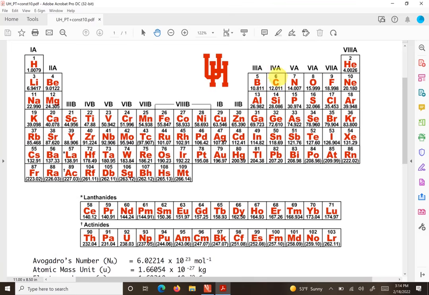But comparing carbon and silicon, which one is more electronegative? Carbon. Electronegativity increases as you go from bottom to the top. So carbon is more electronegative than silicon, which means the difference between carbon and chlorine is smaller than the difference between silicon and chlorine. And so what that leads to is, again, a more polar bond for silicon-chlorine.